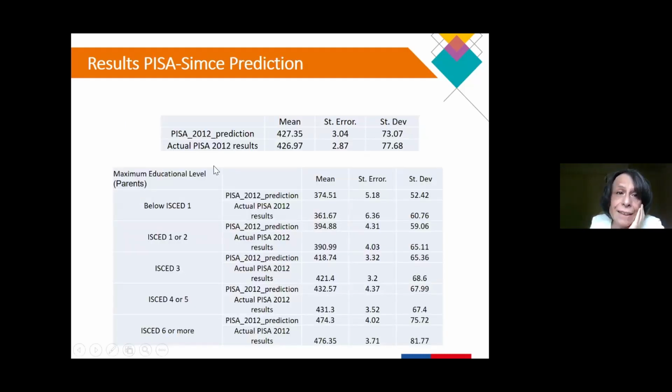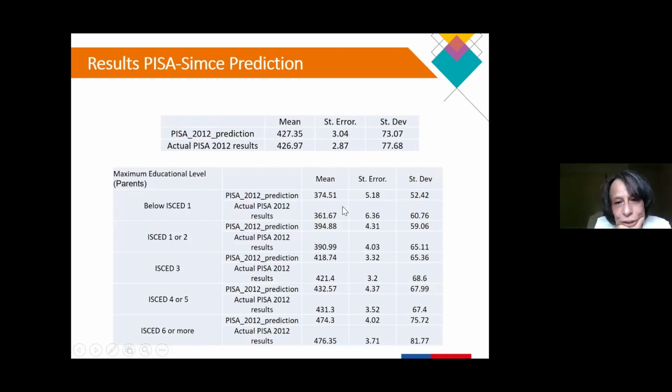Well, and we want to make some SIMCE predictions. Let's say, well, we try to use SIMCE to make the prediction. In this case, we made the prediction for 2012. And the prediction was quite good, actually, at the general level.